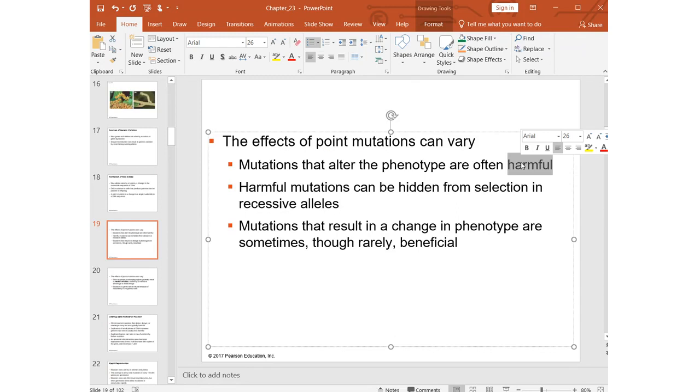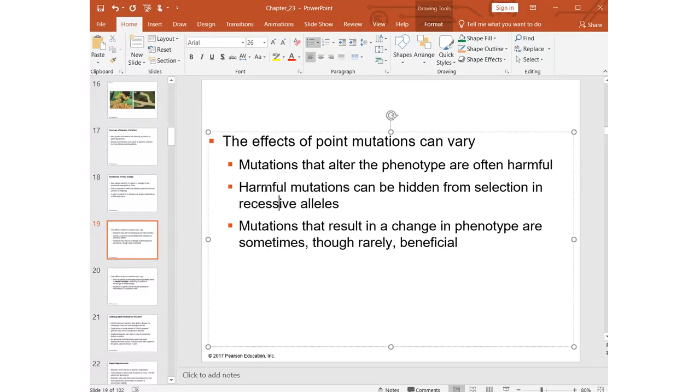Anyway, harmful mutations can be hidden from selection in recessive alleles, because for a recessive allele to actually affect the phenotype, you've got to have two of those alleles. You've got to be homozygous for a recessive allele. So you can be a carrier for a recessive allele, but that recessive allele is not causing any effect on the phenotype.